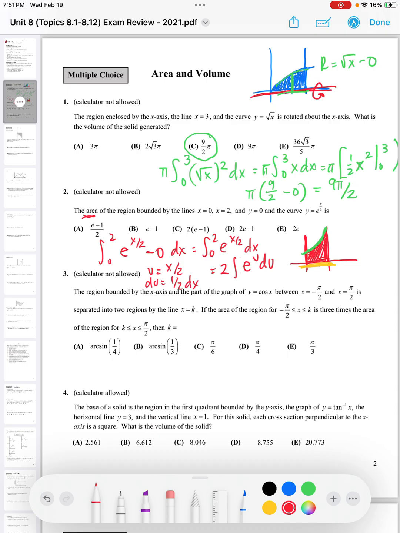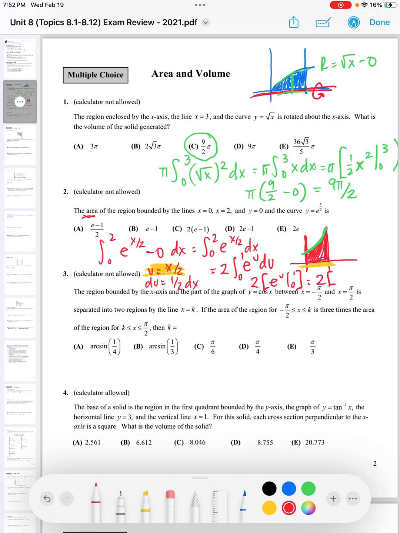But then it's not going to go from 0 to 2 anymore because we're going to change it in terms of u. So here's my u right here. So we're going to take 2 and we're going to plug it into u. 2 divided by 2 is 1. We're going to take 0 and plug it into the u. 0 divided by 2 is 0. Integral of e to the u is e to the u, evaluated from 0 to 1.